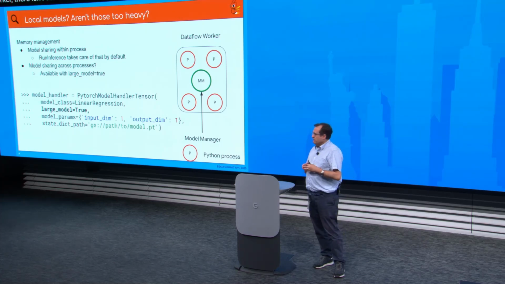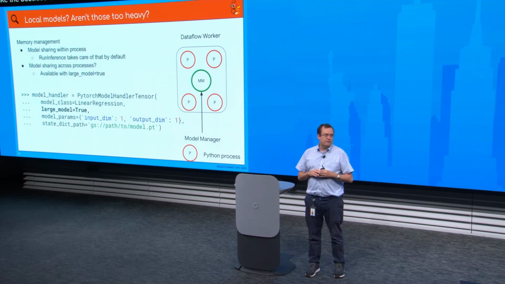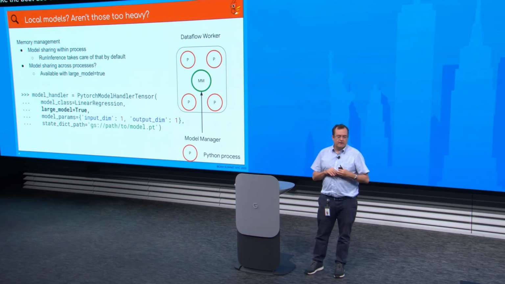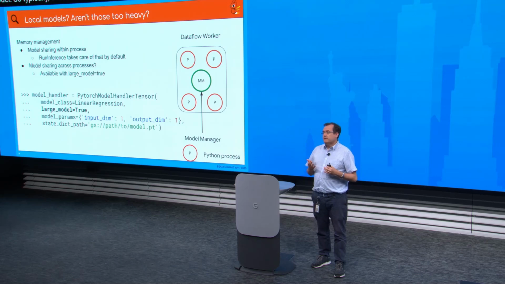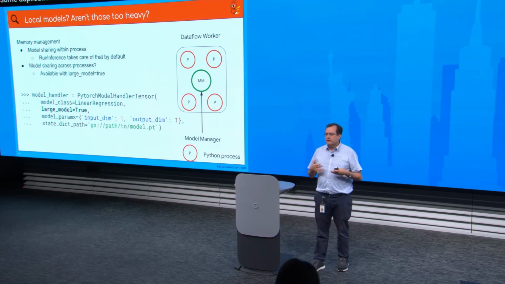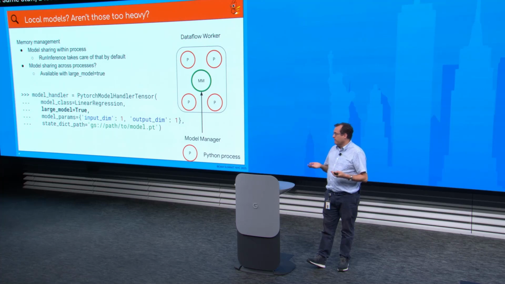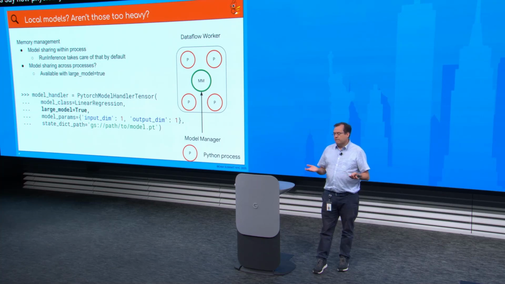Using RunInference makes it super simple to make the best use of these resources, even if you're running a large model. Typically, because of the high degree of parallelization, there will be some duplication of objects in memory. You will be loading the same stuff a lot of times, even if you're not aware of it, just because of how the pipeline is physically executed. If you're using RunInference, you don't have to worry about this.